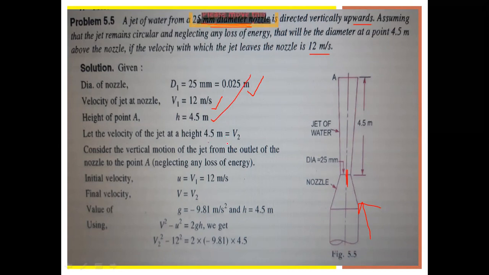Consider the vertical motion of the jet from the outlet of the nozzle to point A, neglecting the loss of energy.